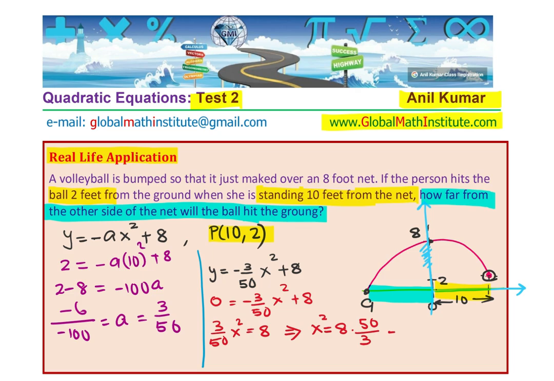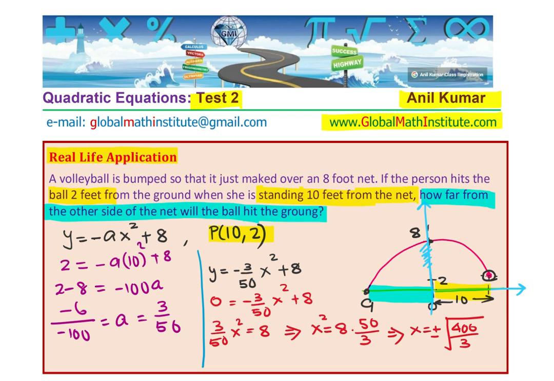And x will be the square root of that: plus minus square root of 8 times 50, which is 400, over 3. Makes sense? So which is 20 over square root 3. We can use the calculator and calculate this value. Let me do that.